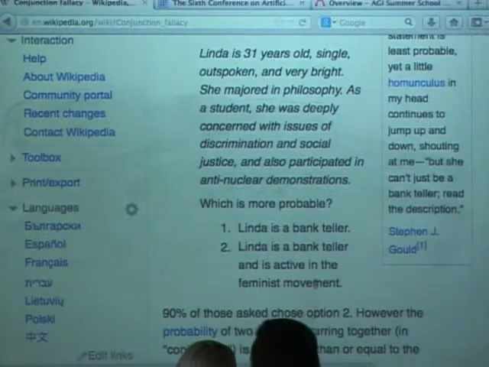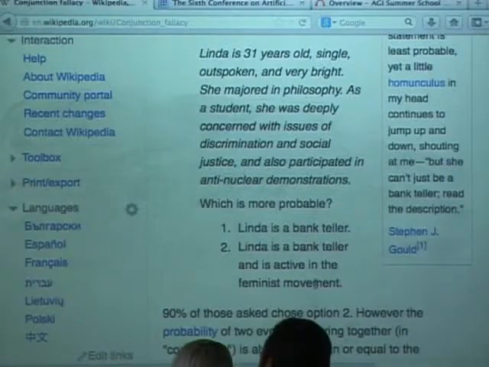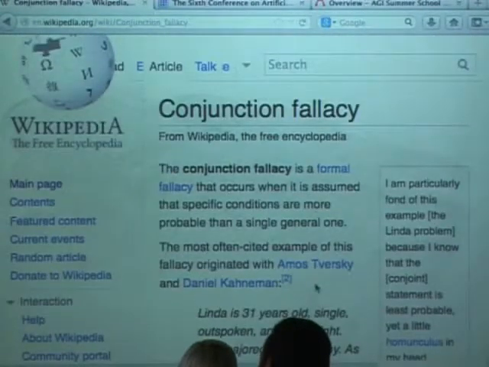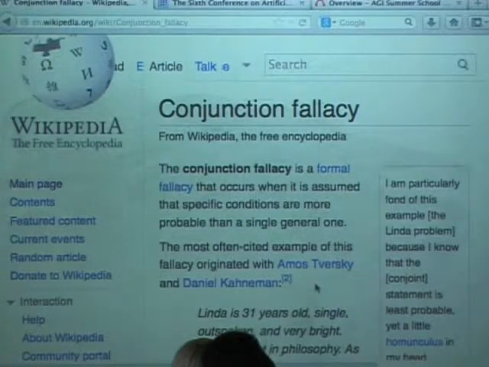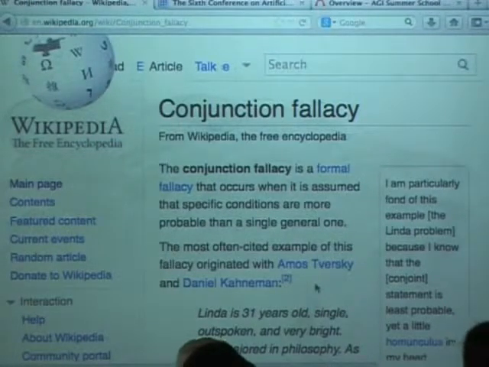This is why it's called conjunction, right? That's why it's called conjunction fallacy. That is, people consistently evaluate this kind of situation to say that it's more likely for A and B to be true than for A to be true by itself, which is clearly wrong according to probability theory. Okay?